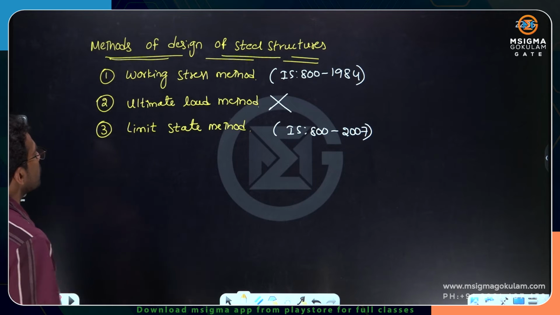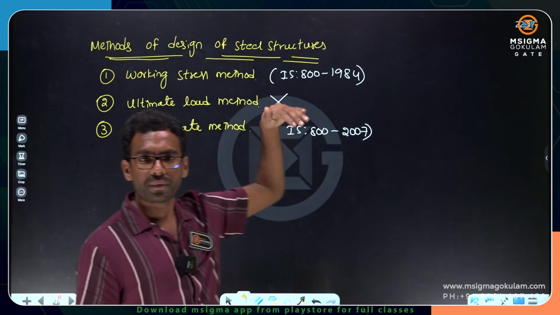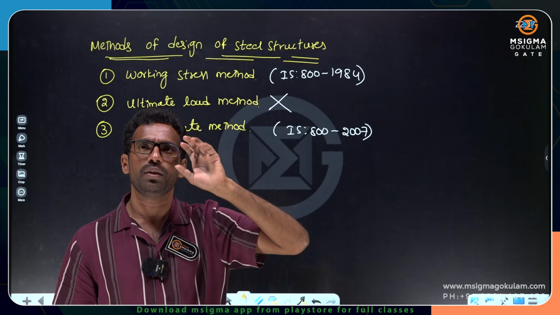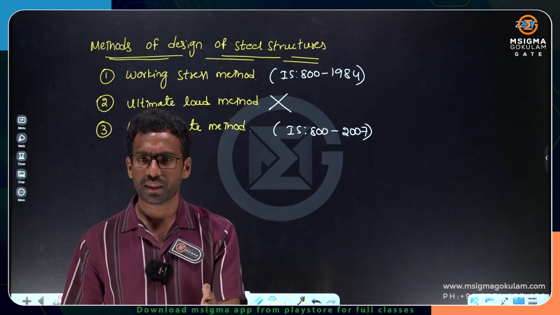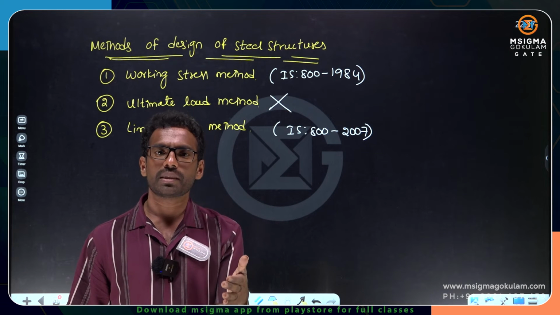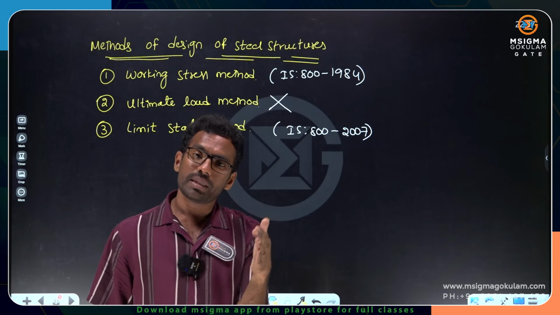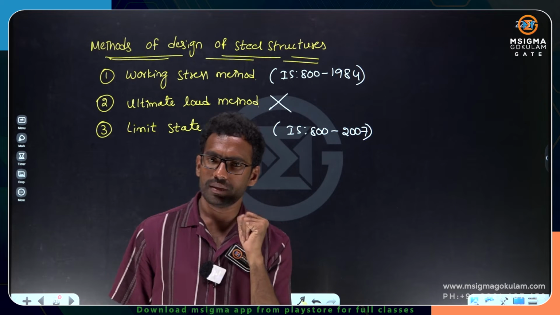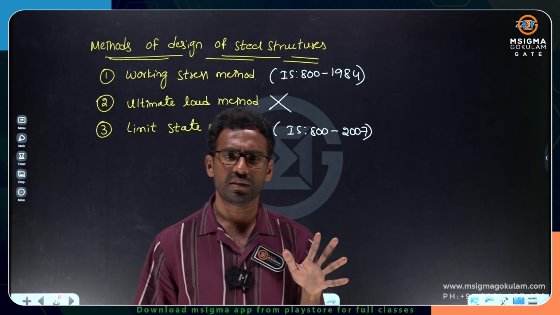So when I look at the working stress method philosophy, the philosophy is that the material strength needs to be underestimated. That is the only philosophy of the working stress method.